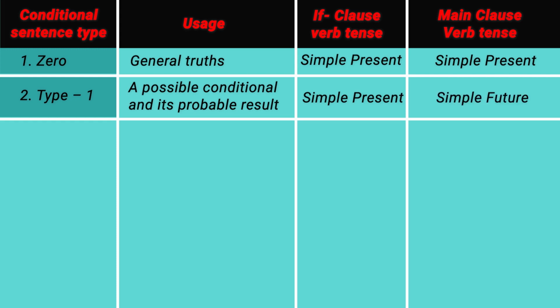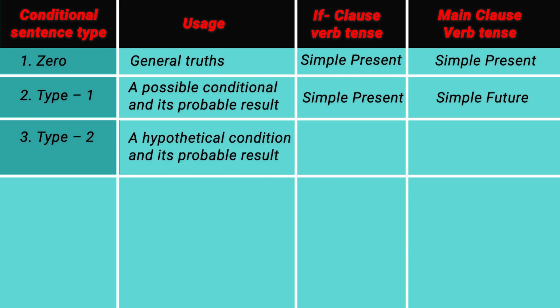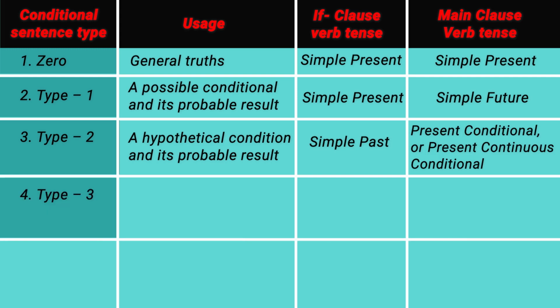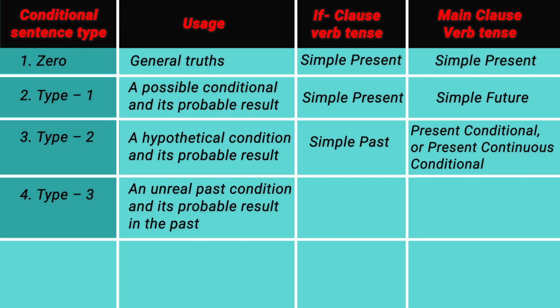Number 3, type 2 conditional, a hypothetical condition and its probable result. The if clause verb tense is simple past and the main clause verb tense is present conditional or present continuous conditional. Number 4, type 3 conditional, and the usage an unreal past condition and its probable result in the past.